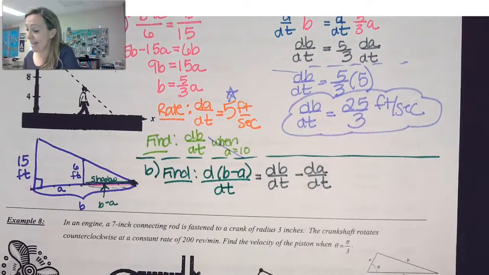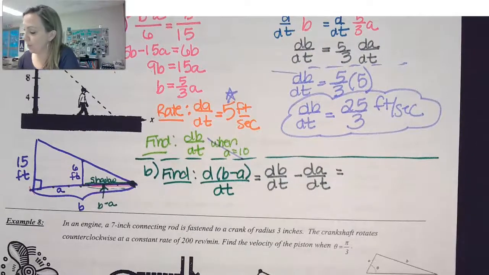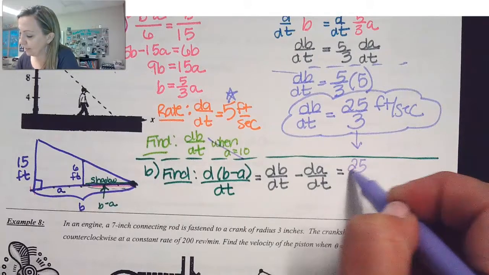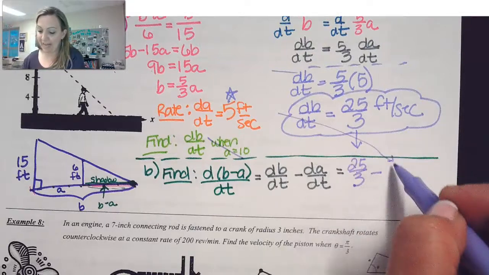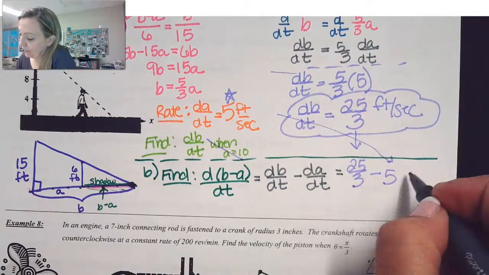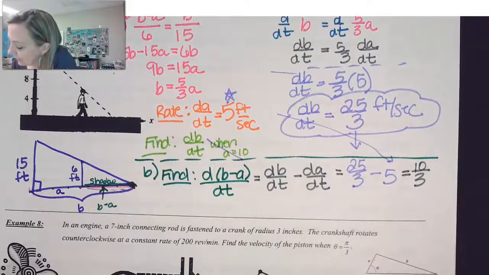And again, now we knew what dB/dt was, right? Didn't we know that dB/dt was 25/3? And here we knew that dA/dt was 5. So we could take 25/3 minus 15/3, which is 5, and that gives us 10/3.